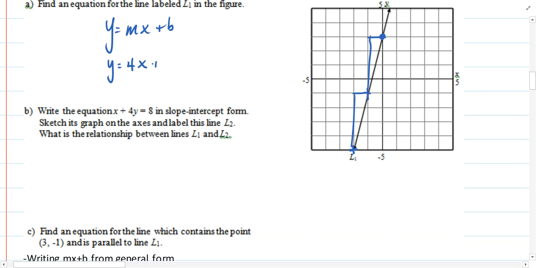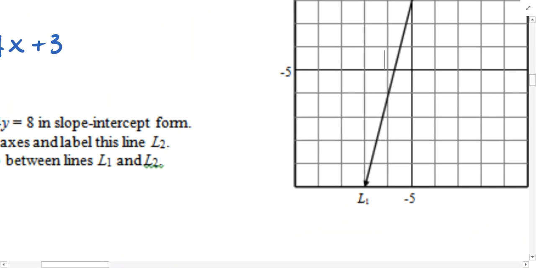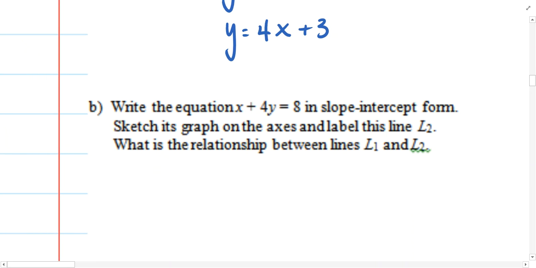And our intercept is 3, so we'll call this equation 4x plus 3. Now that we have the slope-intercept form, of course the y-intercept is easy to identify, but we've also got an equation that we can use to identify the x-intercept if we were asked to do so. It doesn't exist on a nice lattice point here, but we could certainly compute that now that we have the equation.